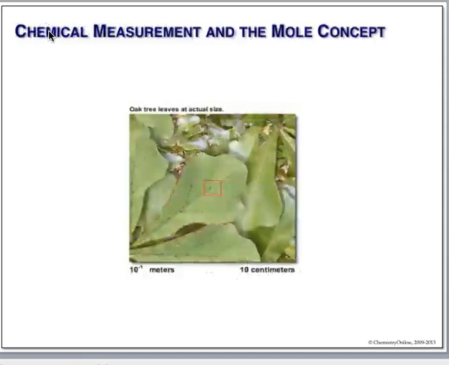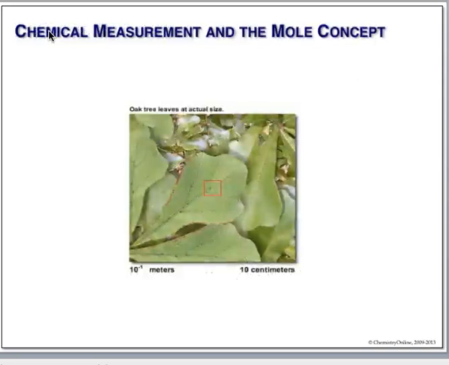All right, we have talked about big numbers here, right? Big numbers, moles. Let's just do a couple of things, this one and then one silly one, to try to stress exactly how large a mole is. What we're going to do here, this is a leaf, and we're sitting about a centimeter above the leaf.